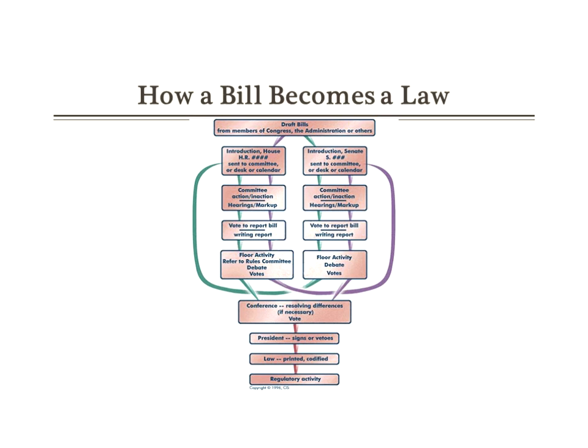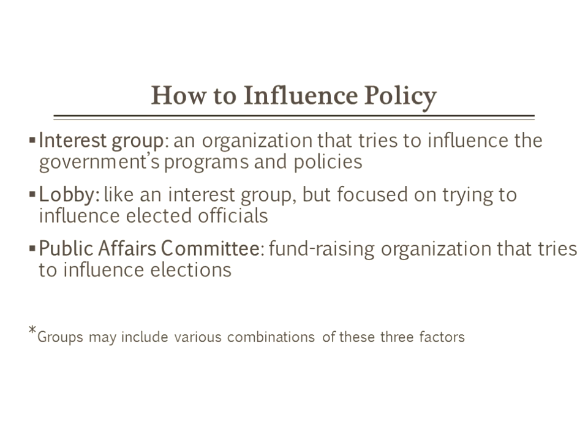It's given the first letter or letters, so HR for House of Representatives, S for Senate, then it's given a number, and then it's sent to committee or the desk or the calendar, depending on where they feel that it needs to go. Continue to read down this, and you see that it goes to the President, who can either sign or veto the bill.